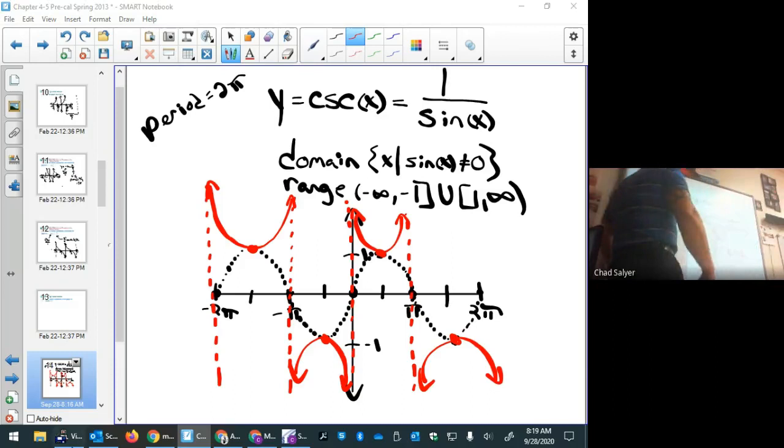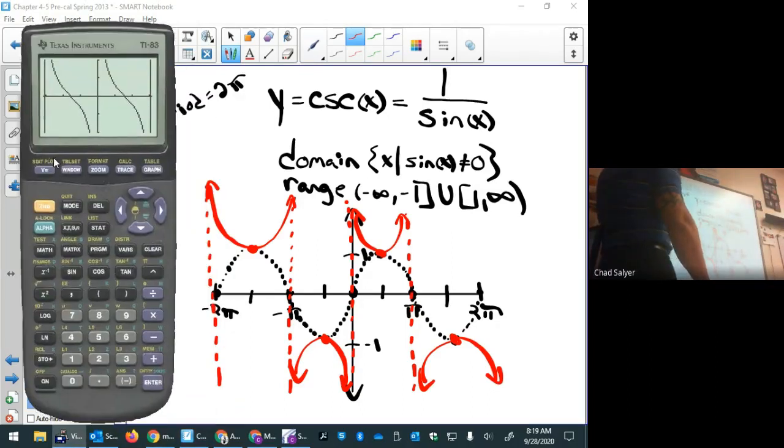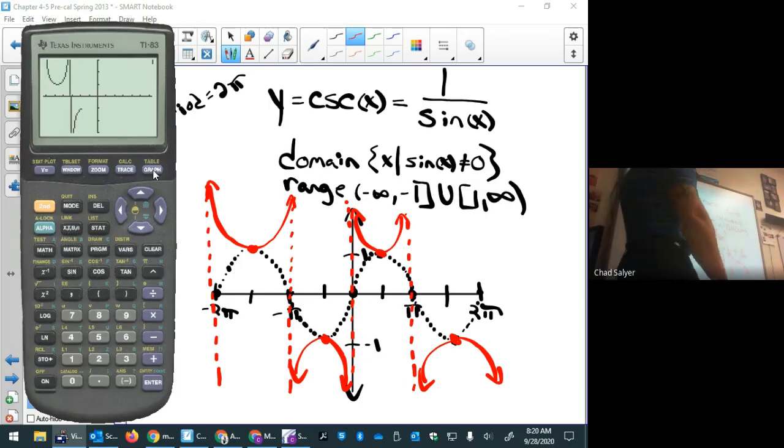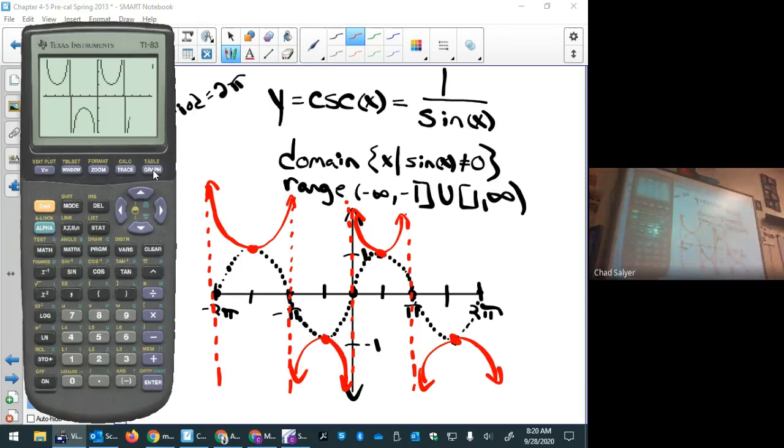Let's use our calculator to confirm our graph here. So let's see, I want 1 over the sine, because this calculator doesn't have a cosecant button. And I want the window to go from negative 2 pi to pi. And let's give it a little more y, negative 3 to 3 would be good. You see the relationship with the sine?